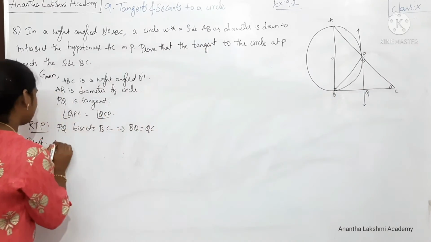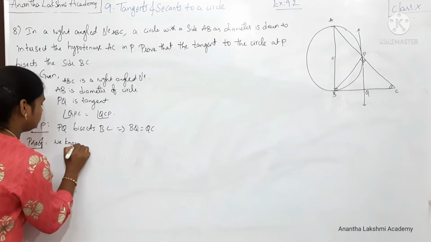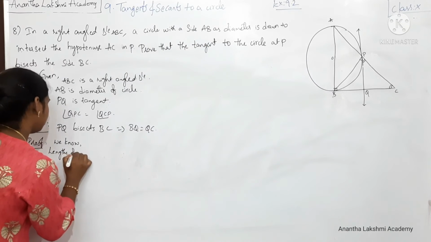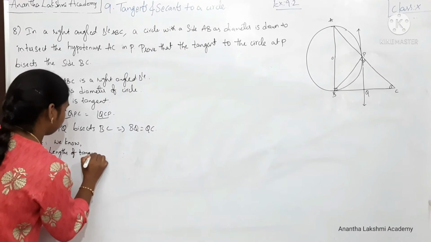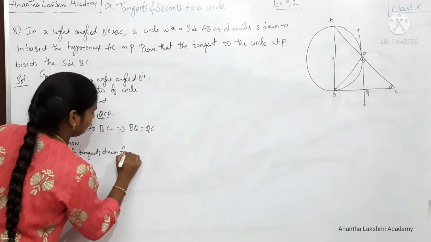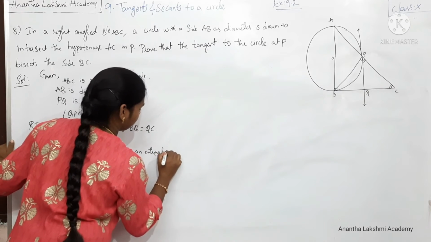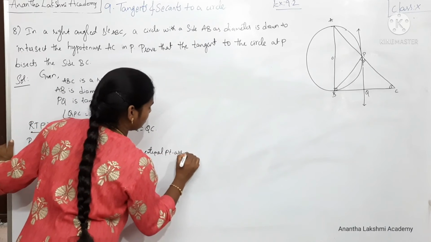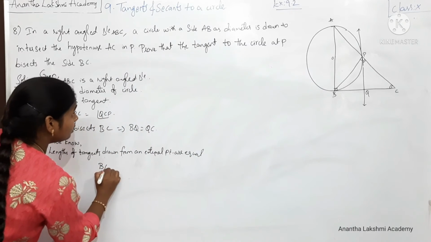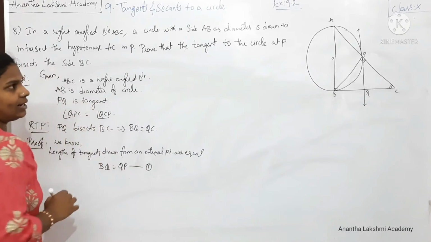So let us write the same. BQ is equal to QP. Let us consider this as equation number 1.